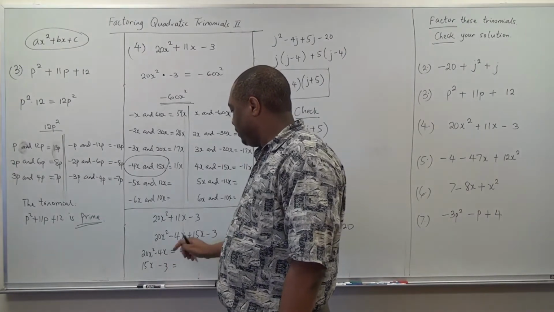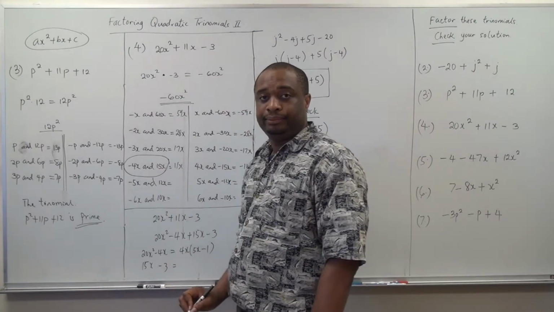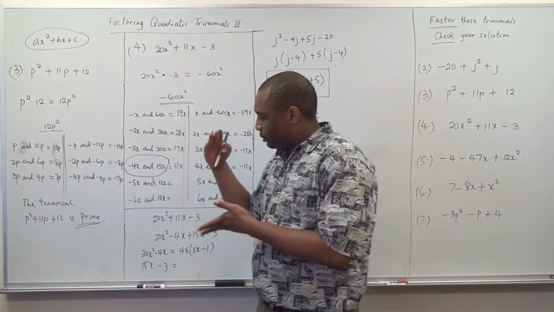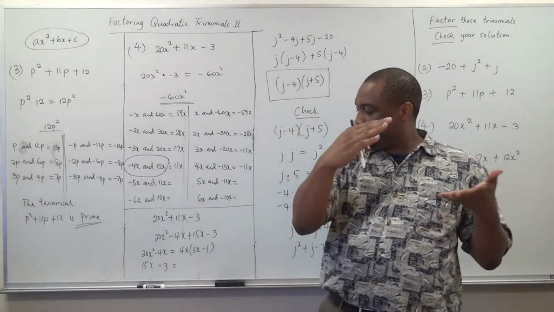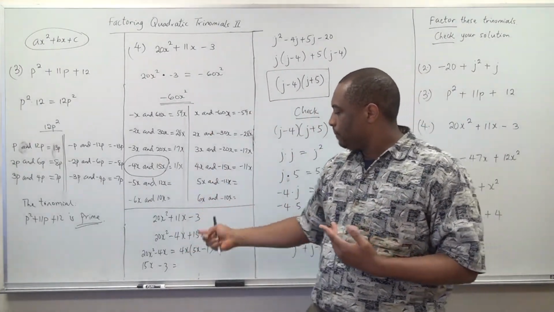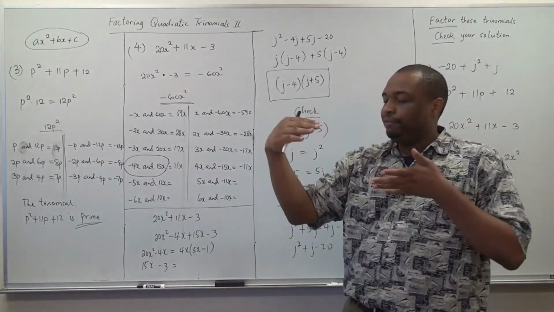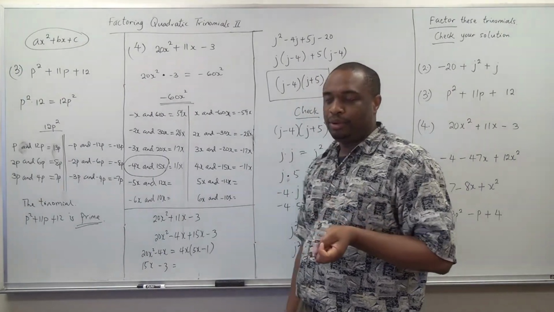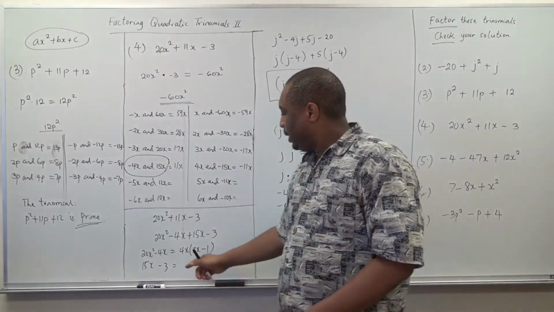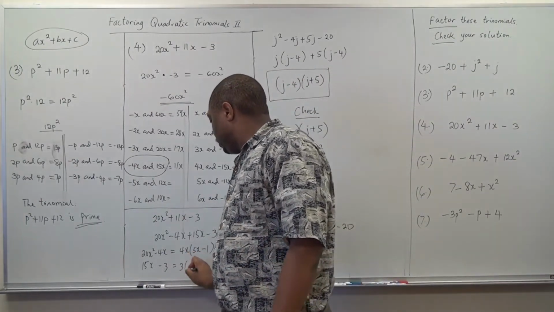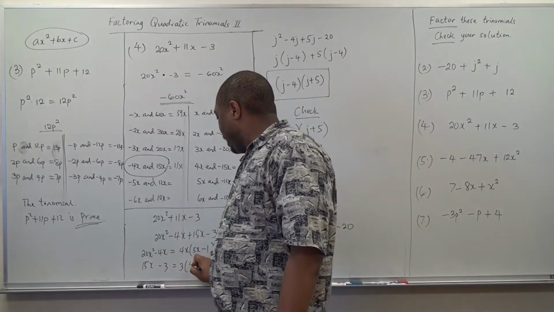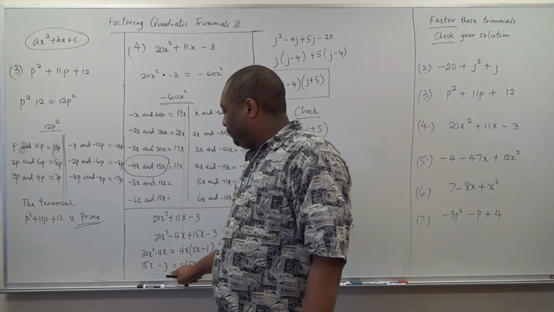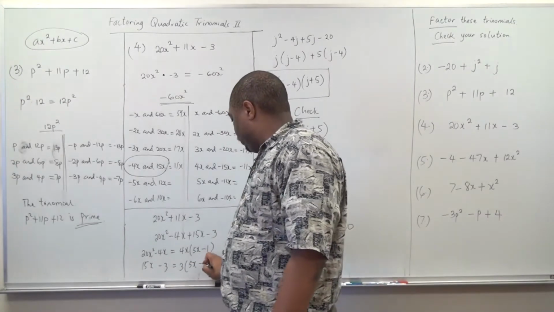Minus 4x divided by 4x is minus 1. When you bring it out, 20x squared divided by 4x is 5x, then negative 4x divided by 4x is negative 1. Then here 3 comes out. 15x divided by 3 is 5x. Negative 3 divided by 3 is negative 1.